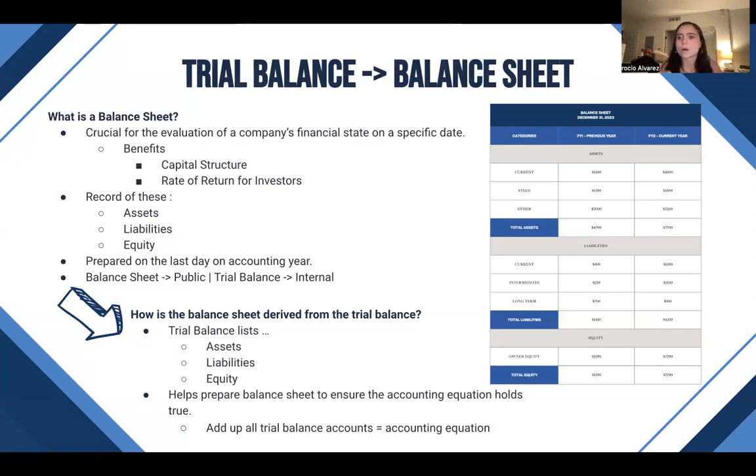So while the trial balance compiles and tracks all of the finances of the company throughout the year, the balance sheet has the job to later grab all of this information and almost like sum it up, taking into account that a balance sheet does not include expenses and revenues.